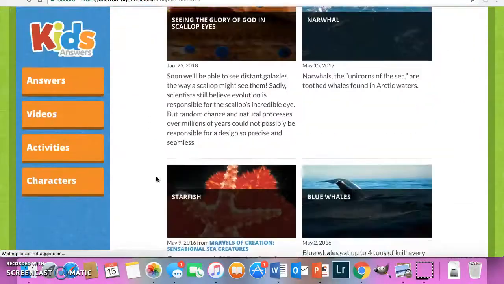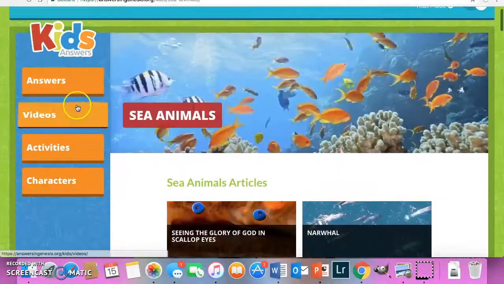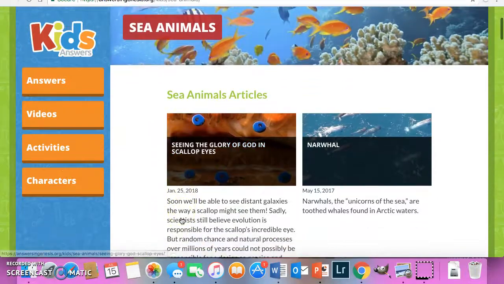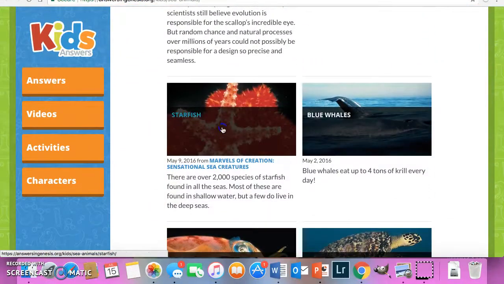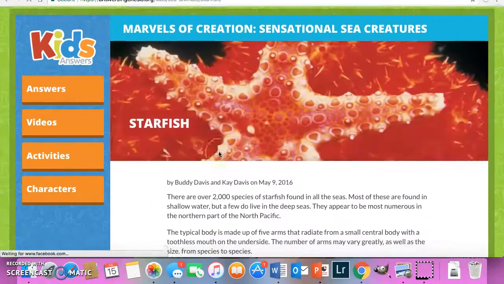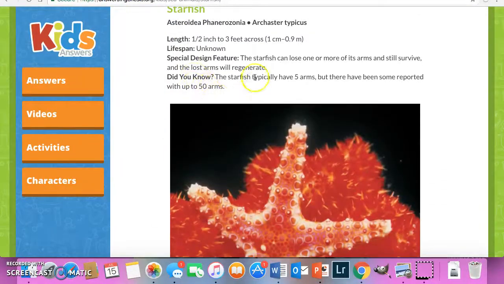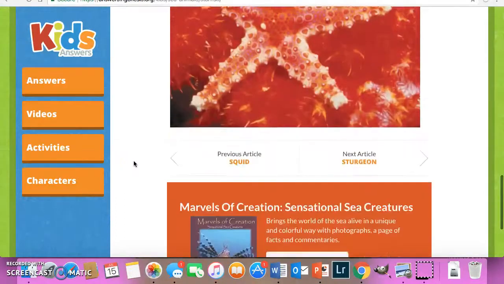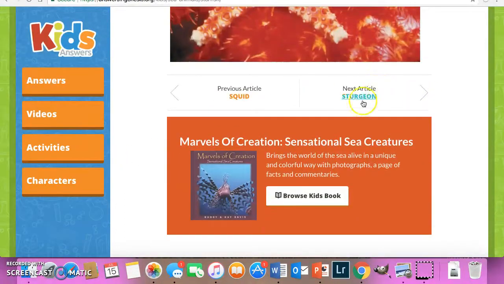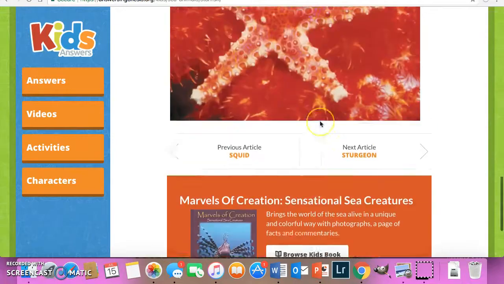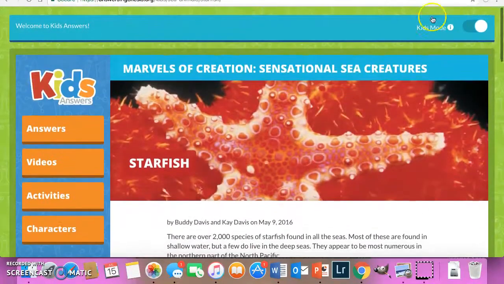You can look at the different sea animals, watch videos, and there are different activities. If you click on the starfish, it'll talk to you about the starfish and give you its facts. Then you can move on to the next article or go to the previous article looking for your information.